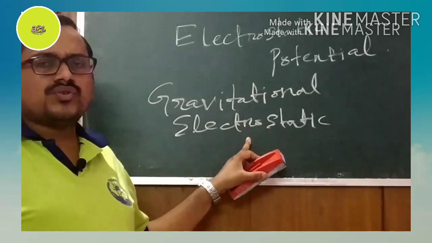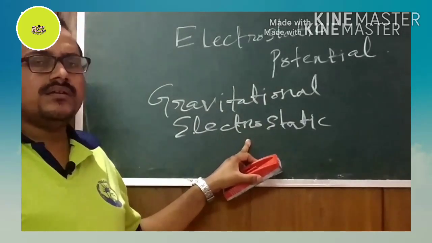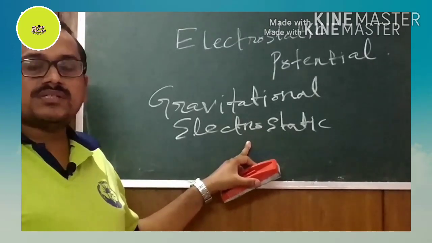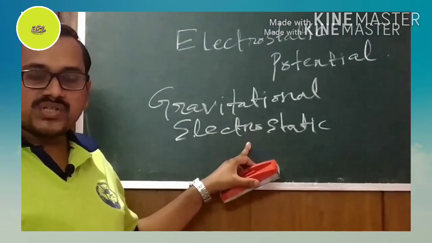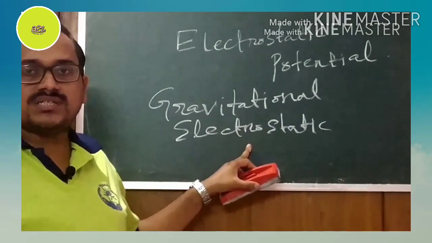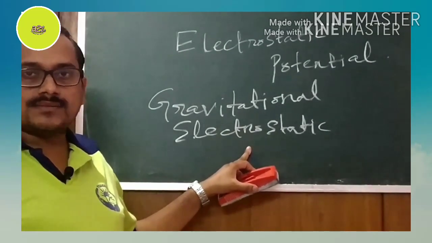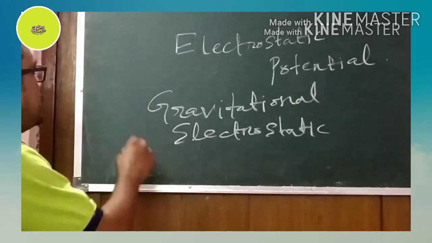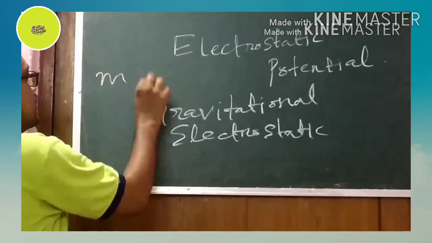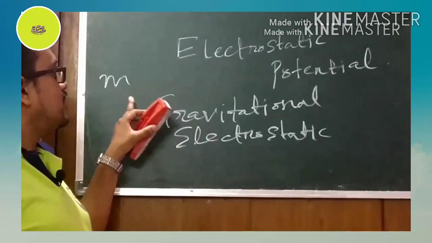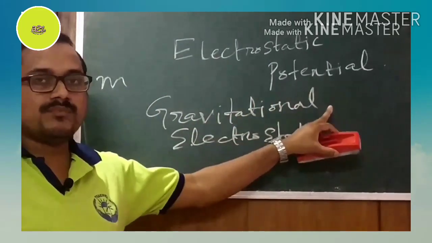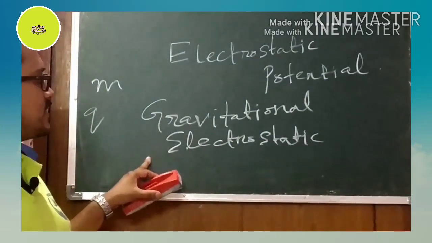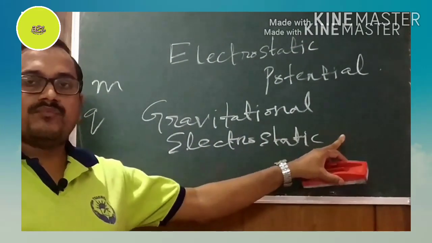Gravitational force and electrostatic force are the two forces called conservative forces because they obey the inverse square law, or we can say the force is inversely proportional to the square of the distance. In the case of gravitational force, the mass is equivalent to the charge in the case of electrostatic force.